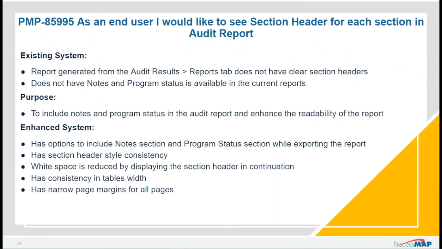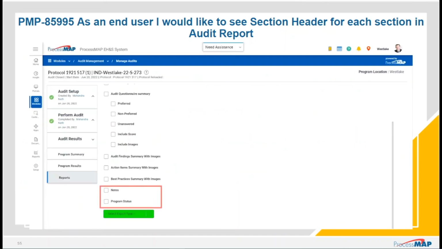Our last product level change in our audit management module is an update to the audit report. Prior to our 22.2 release, the report that's generated from the Audit Results Reports tab did not have clear section headers and also did not have the ability to have notes and program status available.